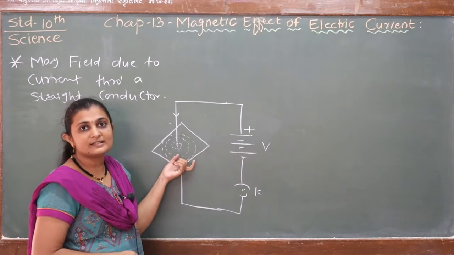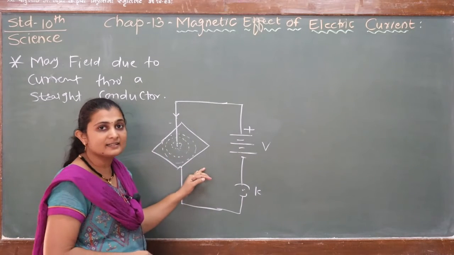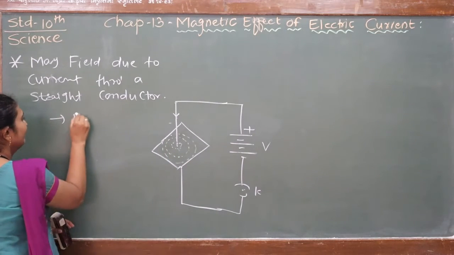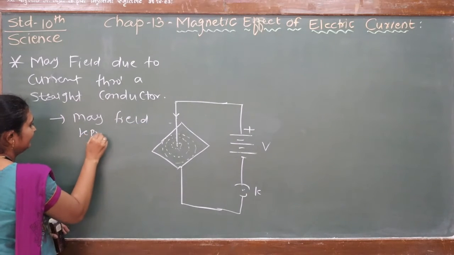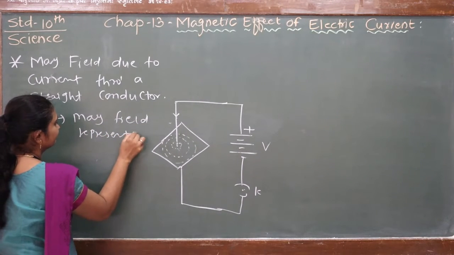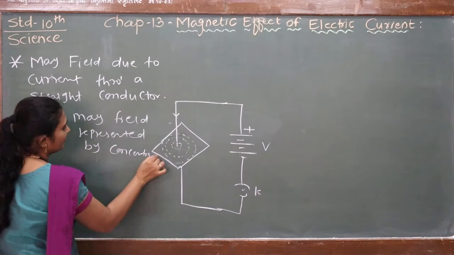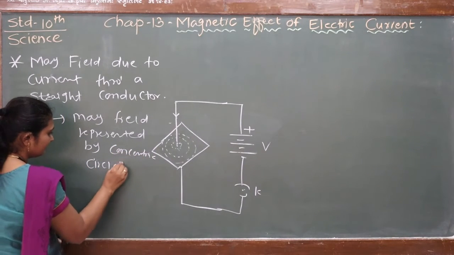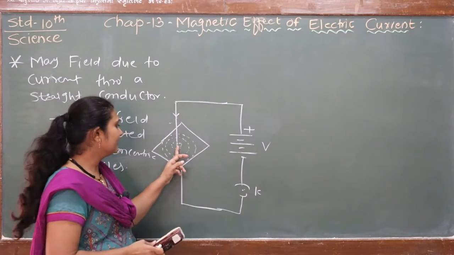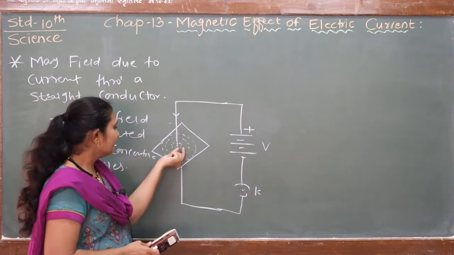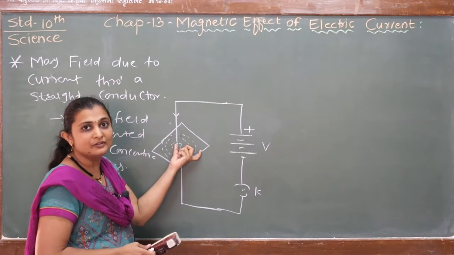These are called concentric circles, which represent the magnetic field. Now what is a concentric circle? It has the same center but the radii are different. This radius is different, this radius is different, and this radius is also different.